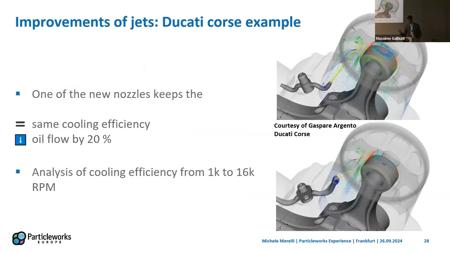And the idea was, and here I'm referring to an already presented result from a conference in Italy, how can we optimize the use of oil and coolant and the jets distribution? And in the past, we heard about Gaspare Argento from Ducati Corse, how they were able to reduce the oil amount needed to achieve similar heat transfer capabilities.